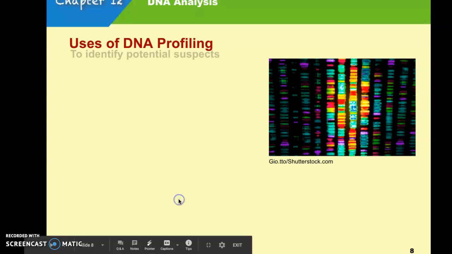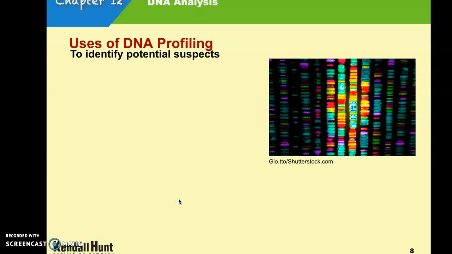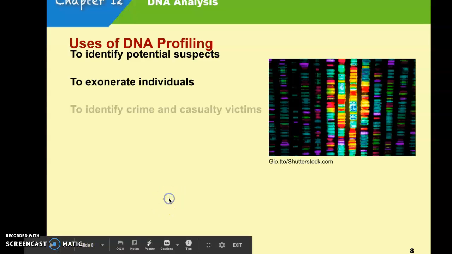So when we are using DNA profiling, we are using this to identify potential suspects. We're also using this to exonerate or free individuals, and we saw that with the Innocence Project, that a lot of individuals who were put in prison on hair or fiber alone, not really having the technology at the time, a lot of them are using DNA evidence now to go back and exonerate them.